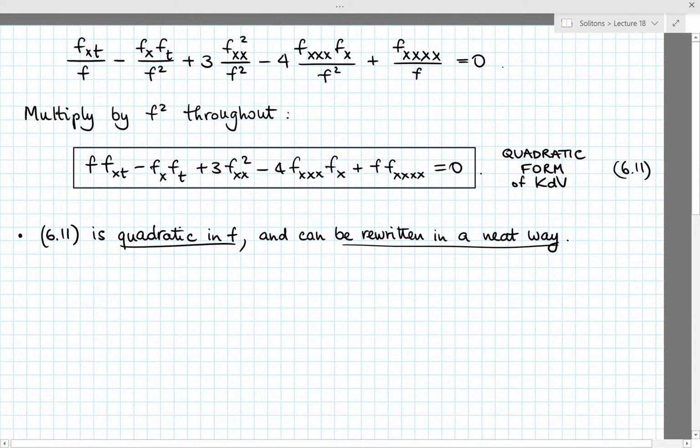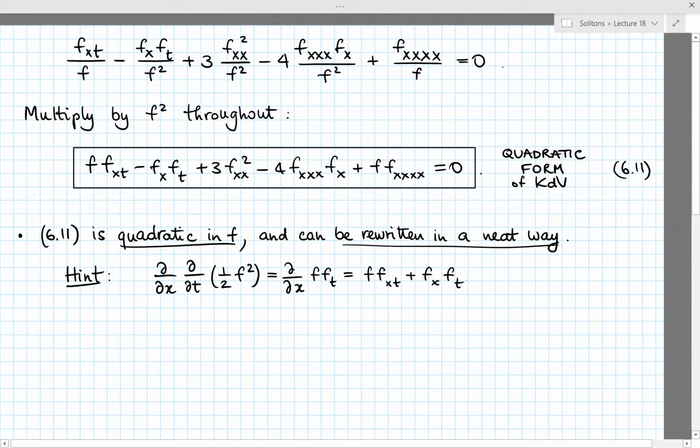So how can we rewrite this quadratic form of the KdV equation in a neat way? Well, the hint is given by the fact that here the first 2 terms resemble very much a second partial derivative. So if we consider partial derivative with respect to x and partial derivative with respect to t of 1/2 f squared, which is the same as partial derivative with respect to x of f ft, this is given by fxt plus fx ft.